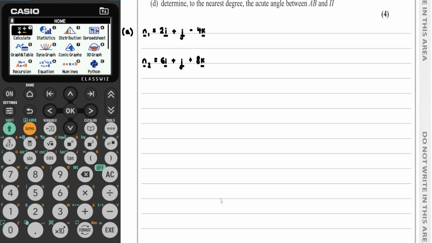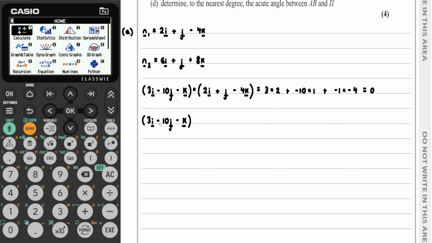So let's do that: vector 3i subtract 10j subtract k dot with n1, which is 2i plus j subtract 4k. Let's work this out. Well, we have 3 times 2, negative 10 times 1, and negative 1 times negative 4. It turns out we get 0.